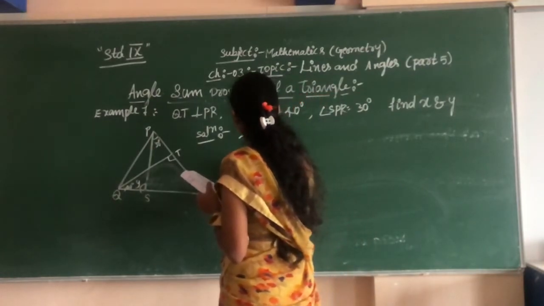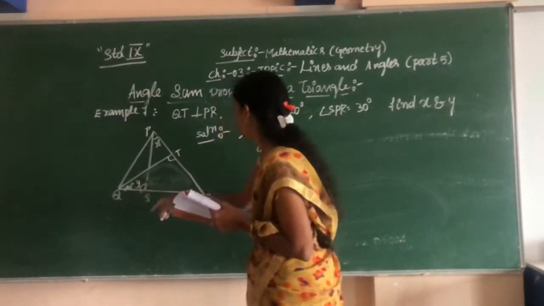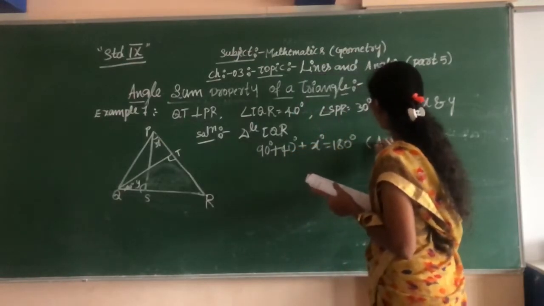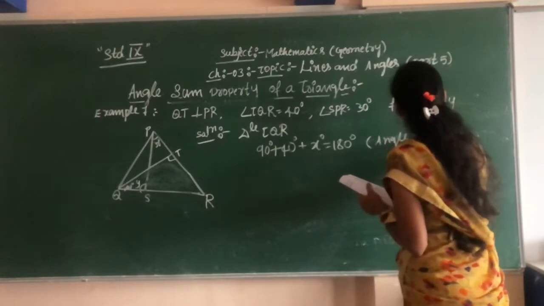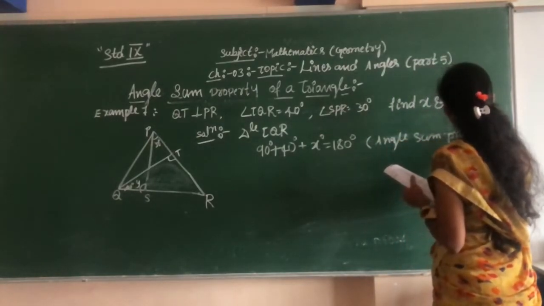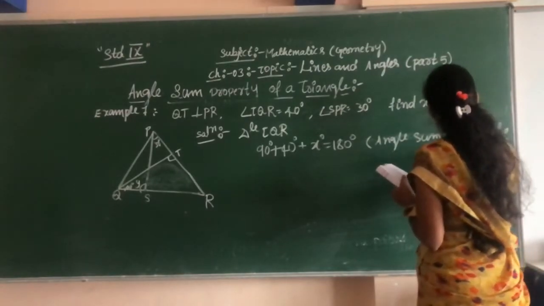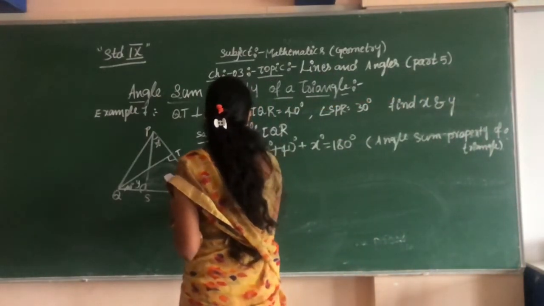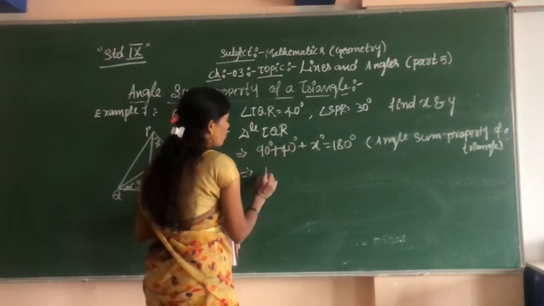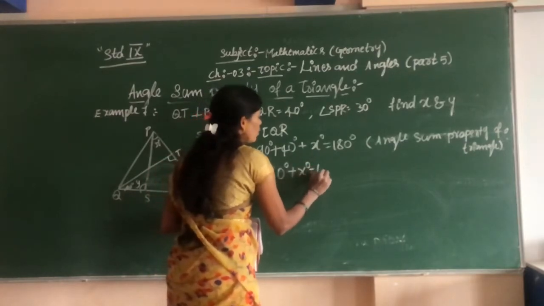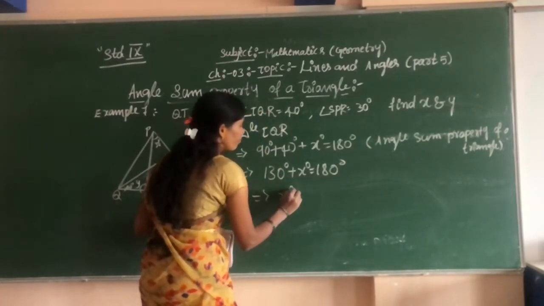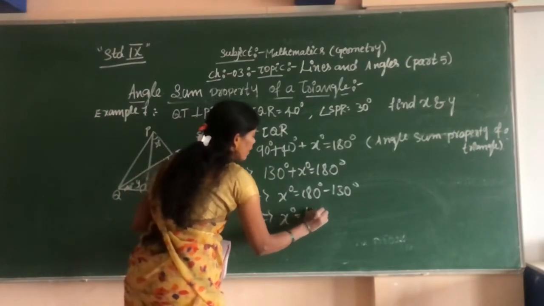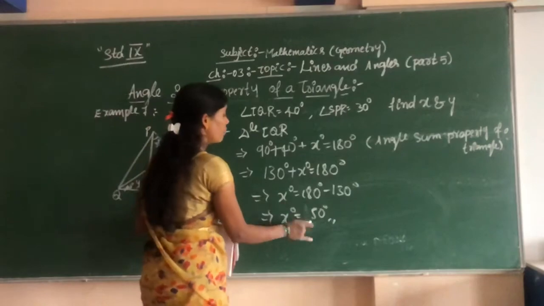Angle T is 90 degrees, plus 40 degrees, plus x is equal to how many? 180 degrees, by the angle sum property of a triangle. 90 plus 40 is 130 degrees, plus x degrees is equal to 180 degrees. x is equal to 180 minus 130, so x is equal to 50 degrees. Sorry, only 50 degrees.